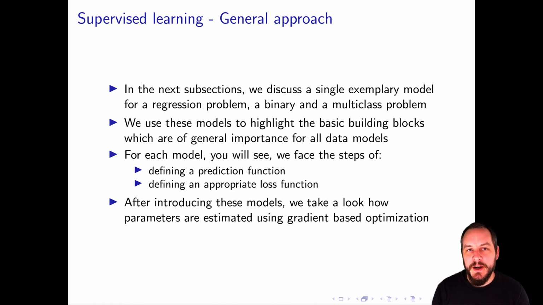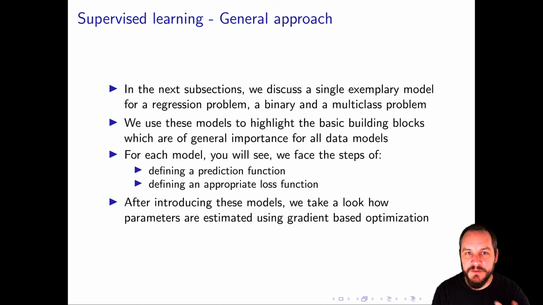Okay, so this is the very general perspective, and now we approach this with examples from a modeling perspective. In the next subsection, we use, I would say, basic or ground models that can be used for regression type problems, for binary classification, or for multi-classification problems. And we always revisit those models from the aspects that we discussed so far.